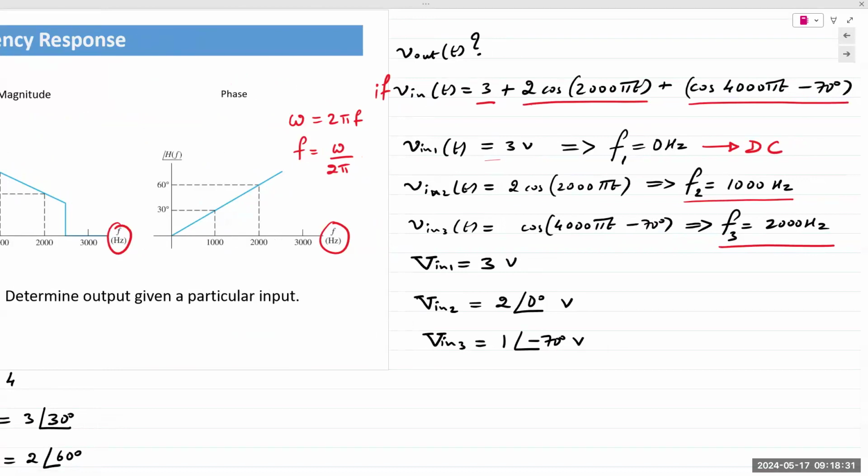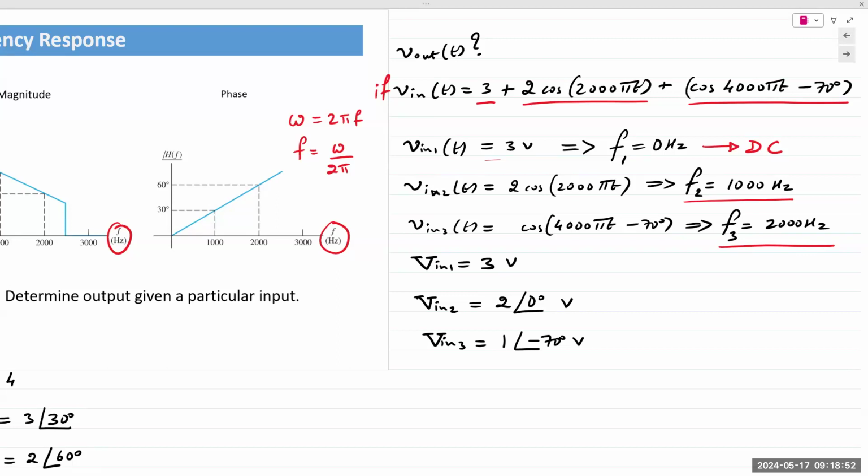Then you write down the phasors for all 3 input quantities. Again, H of F is given to us. V in is given to us. We just need to find V out. And these are all complex quantities. These are all phasors, and so we're going to perform simple algebraic calculations.